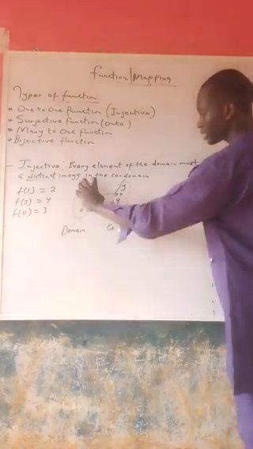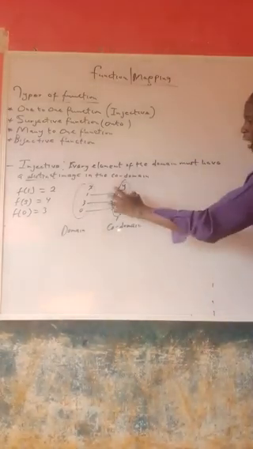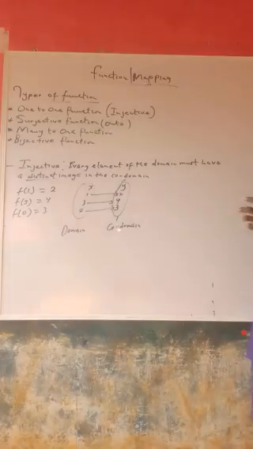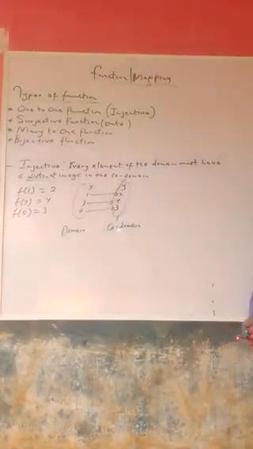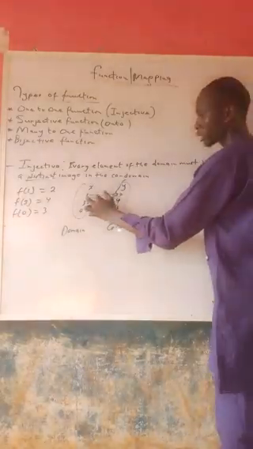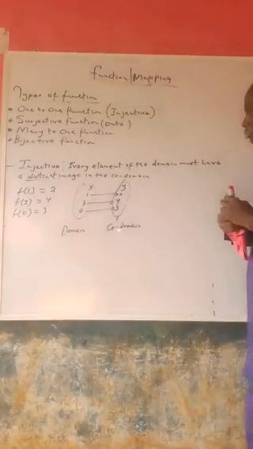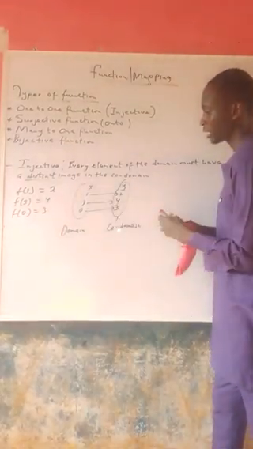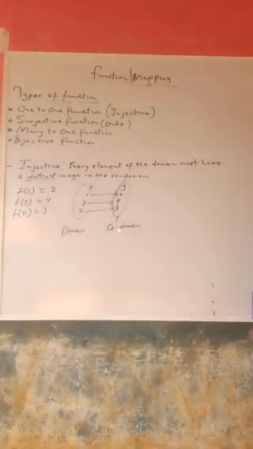Let's represent this family: in X, they are all male, and in Y, they are all female. That is, every man here must have just one wife under Y. It's not allowed that one man here will have two wives. Whenever an element here, let's say 1, is mapped to this and mapped to this again, that's not a function.